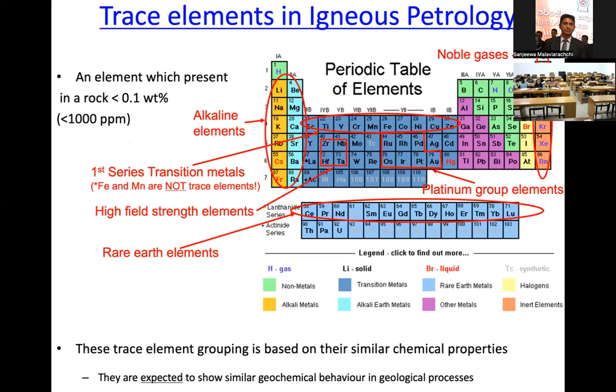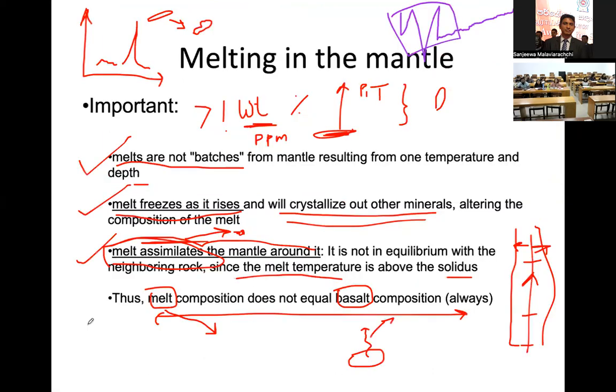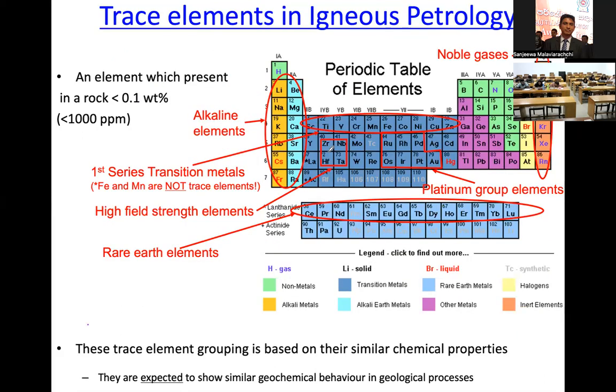All right. So we will move to the next part that is also important. We have been talking about the importance of major and trace elements during mantle melting. Now we have to consider what elements and groups of elements we are considering under igneous petrology, especially with respect to these melting processes.